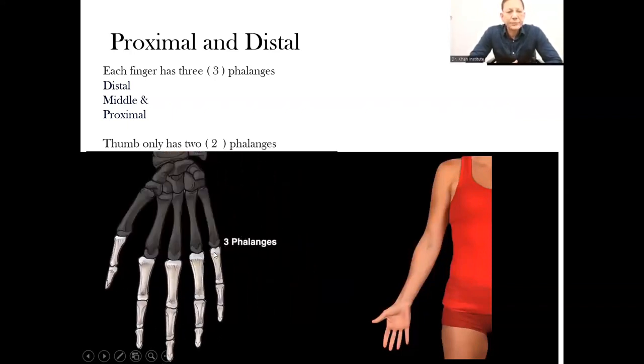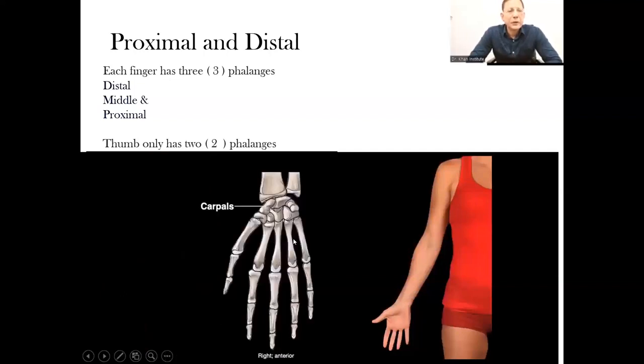So we will call this bone the proximal phalange. And the one which is the most distal, furthest away, will be called the distal phalanges. In between these two is the middle phalanges.